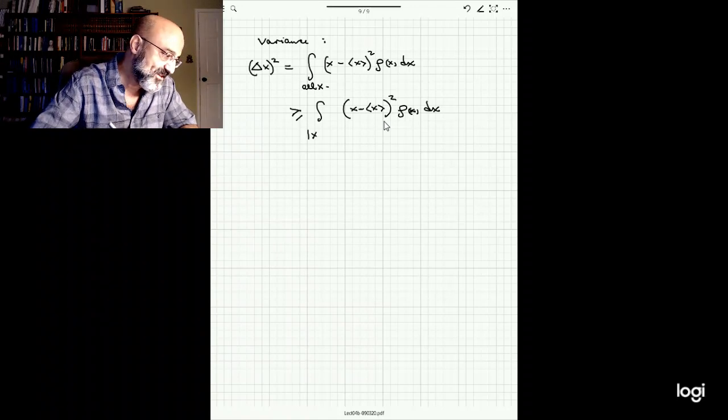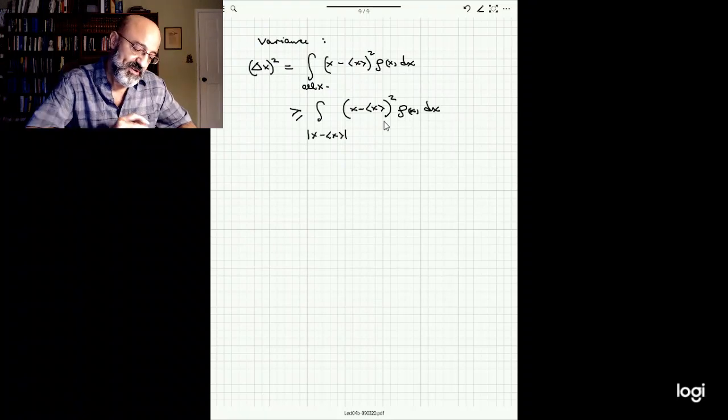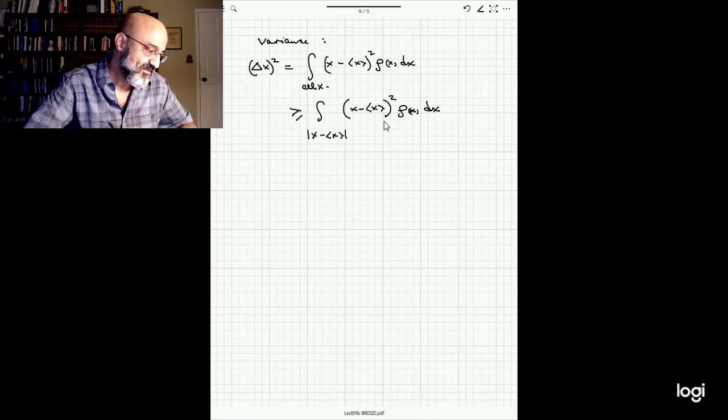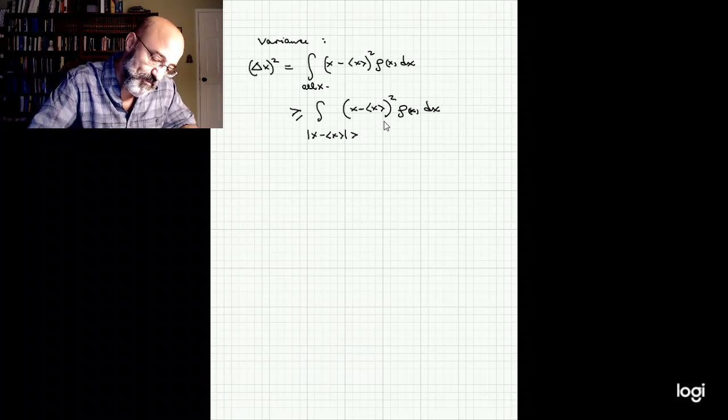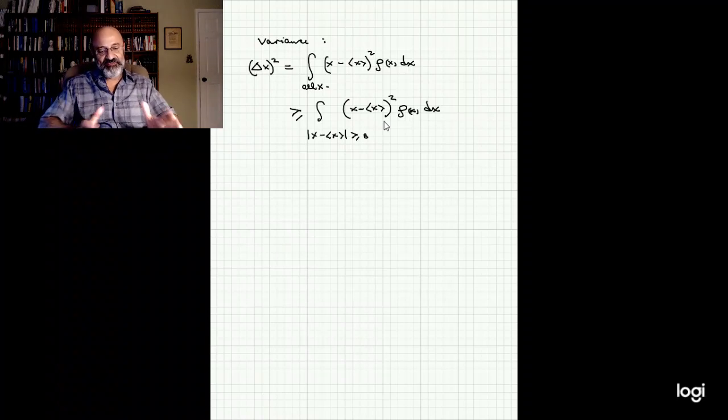The condition is that I'm only going to sum for situations where x differs from the mean by more than an epsilon. That's the region I'm adding.